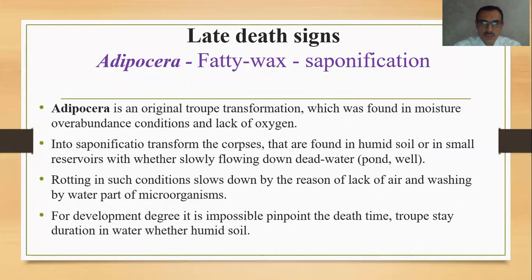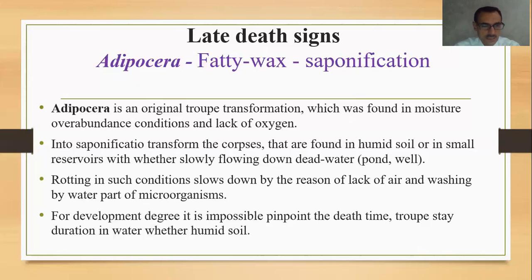Next process is adipocere, or the fatty wax, or the saponification. Adipocere is a transformation of the corpse which is found in conditions of moisture overabundance and lack of oxygen, into saponification. It transforms the corpses that are found in humid soil or in small reservoirs with slowly flowing water, dead water, pond, well.